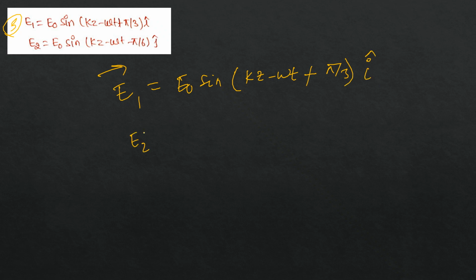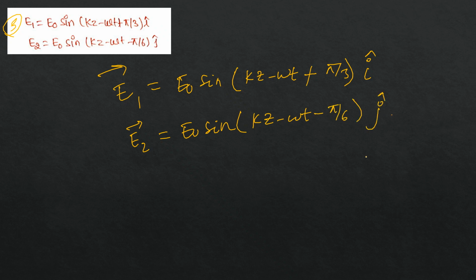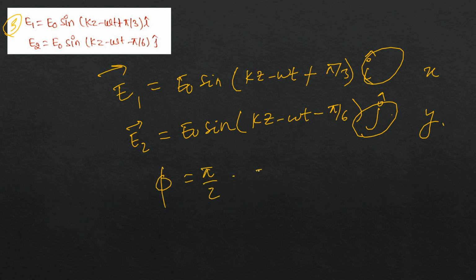Your E2 is given: E naught sine(kz minus omega t minus pi by 6), j cap. Okay, first of all, we can see this is i cap, this is j cap. That means it's in the x direction, it's in the y direction. So the phase difference is pi by 2. That means they're what? Circularly polarized. Okay, circularly polarized.